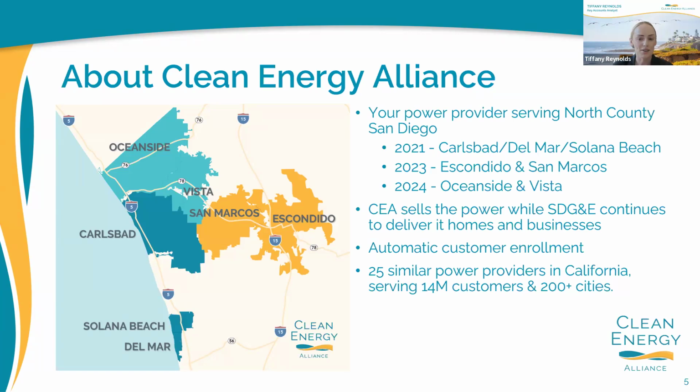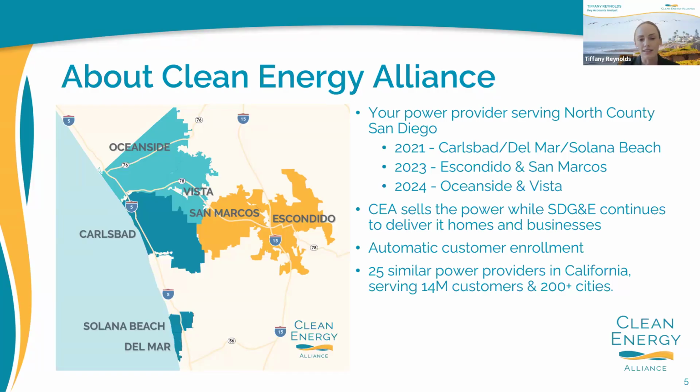If you happen to live in the unincorporated county of any of these areas, your power provider is likely our sister agency, San Diego Community Power. You'll be able to tell on your bill, and we can go over that later in the presentation on where to find who your default power provider is.